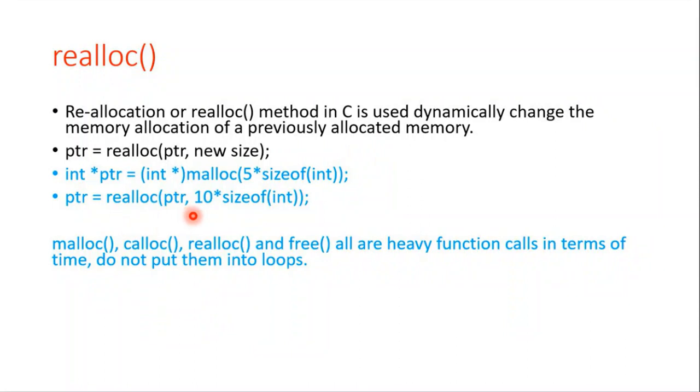You can see that we first allocated memory of 20 bytes, 5 into 4, 20 bytes by using malloc, and by using realloc we increase the size to 40, meaning 10 into 4, which is 40. Now we allocated 40 bytes.